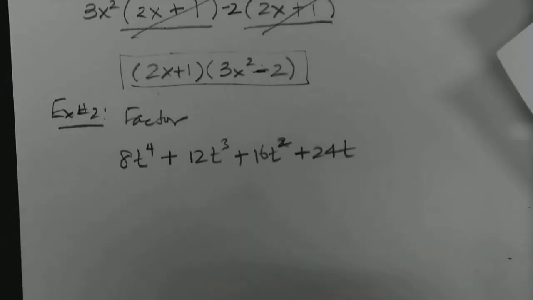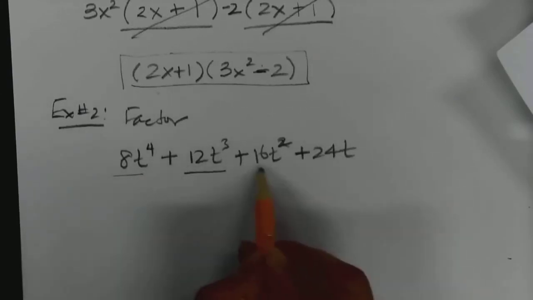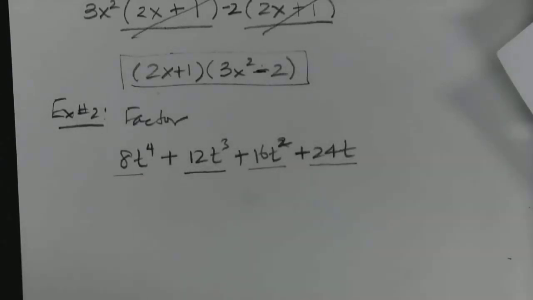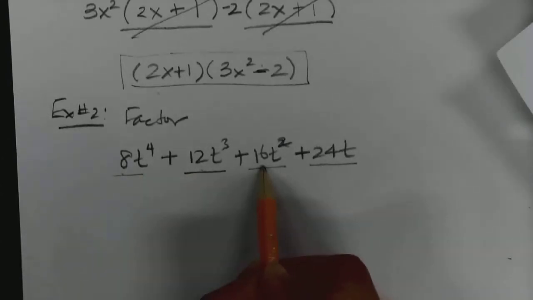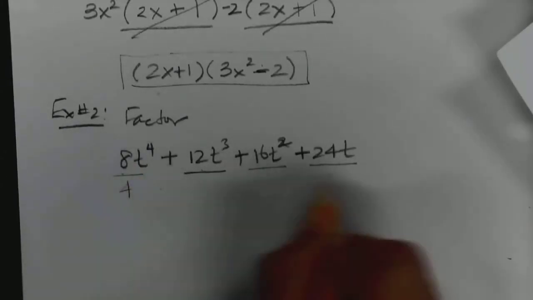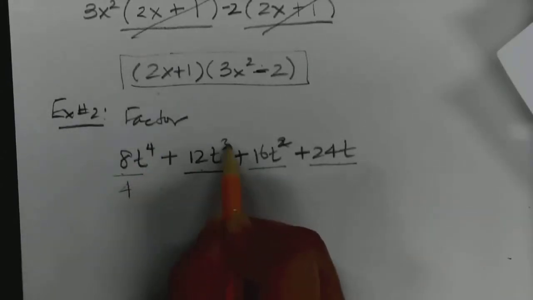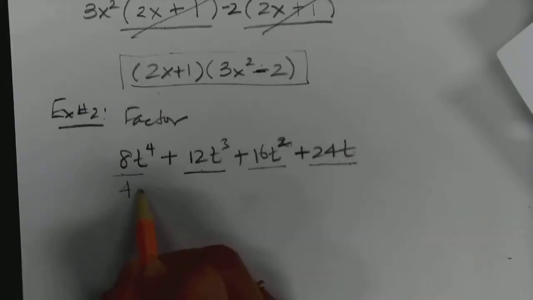Just use 4t. Every one of these has 4t as their greatest common factor. 4 could go into 8, 4 could go into 12, 4 could go into 16, 4 could go into 24. So 4. And then remember, among t to the 4th, t to the 3rd, t to the 2nd, and t, it's the lowest exponent, so 4t.